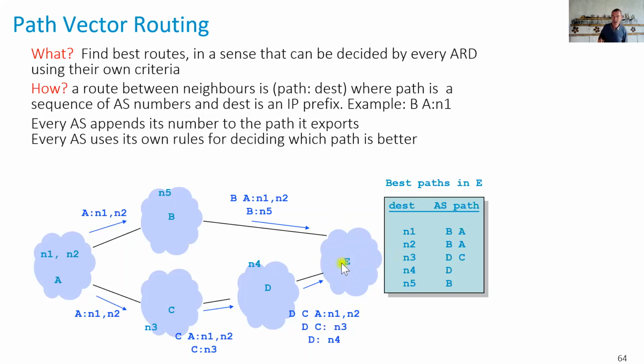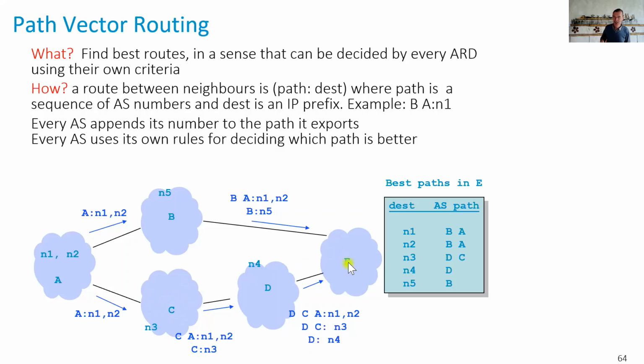For example, E might say, I don't like C, because C is a domain that is not cooperative with me. It does perhaps some non-network neutrality. Perhaps the traffic that comes from E is given very low priority in C and gets very bad treatment, or even some destinations are blocked because this is a country that does not allow any traffic to go through it.